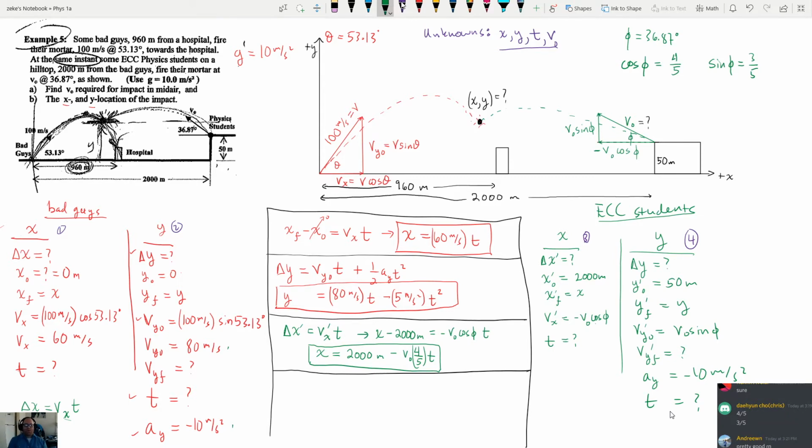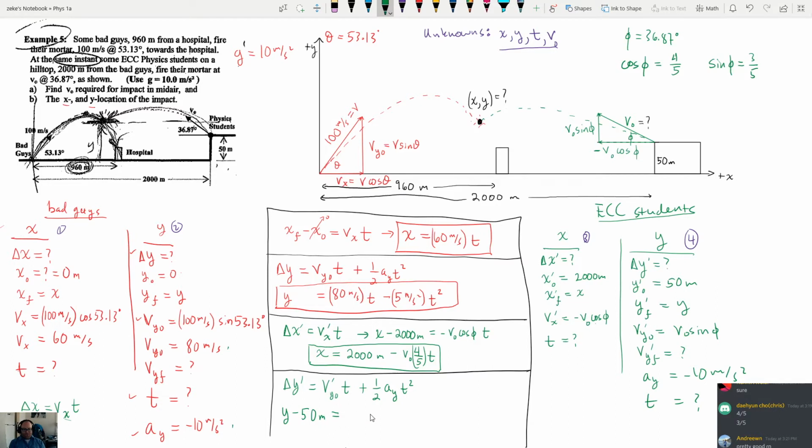Okay. Finally, we do the y direction. So this should have been delta y prime. We're going to say delta y prime is equal to vy initial prime times t plus 1/2 ay t squared. Plugging in, delta y prime will be y minus 50, final minus initial.